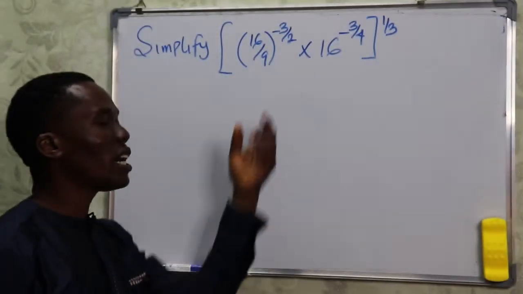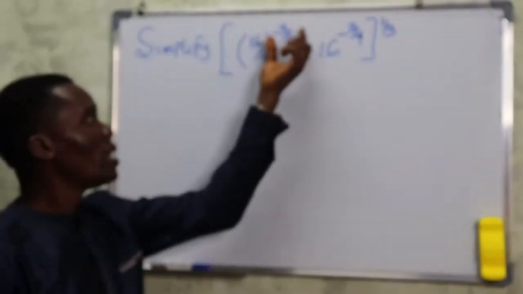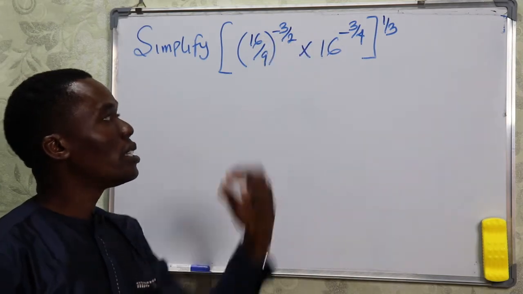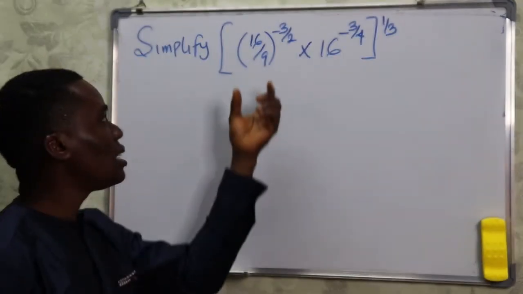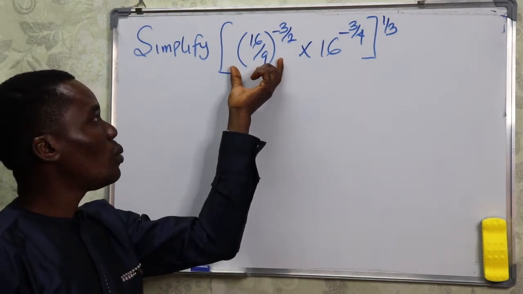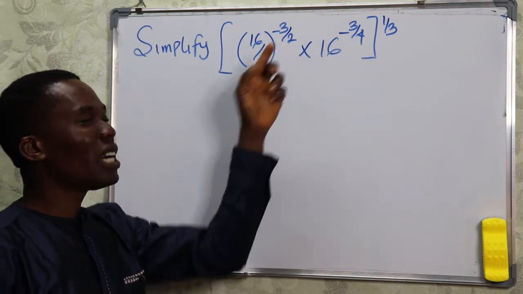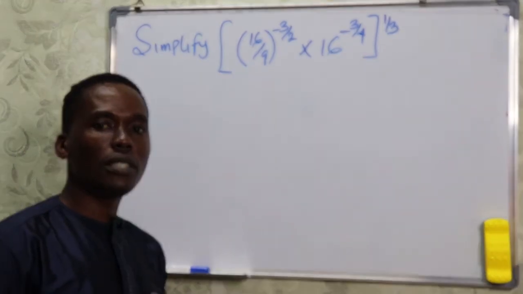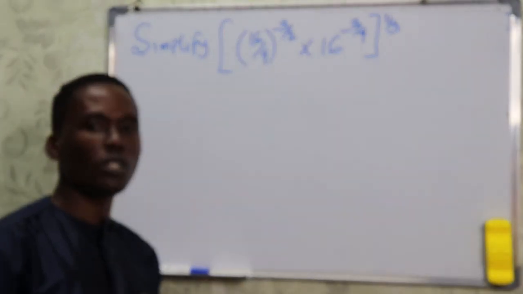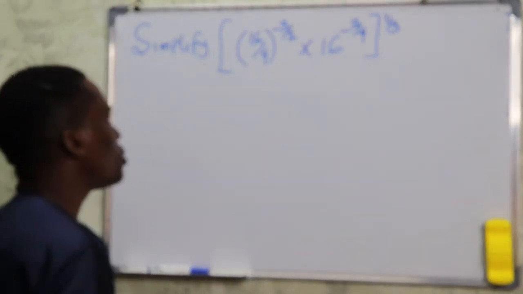When you are given this kind of question, especially when the powers are fractions, I will advise you to reduce these values so that they match the denominators of the fractions, so that you can clear the denominators and make your problem much simpler. Now let me show you how to do that.